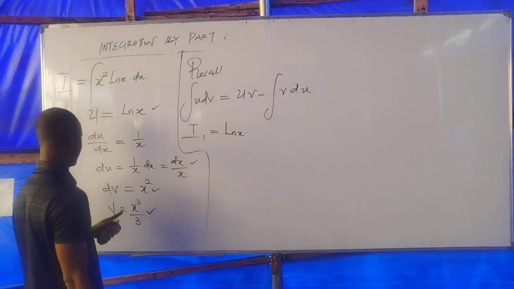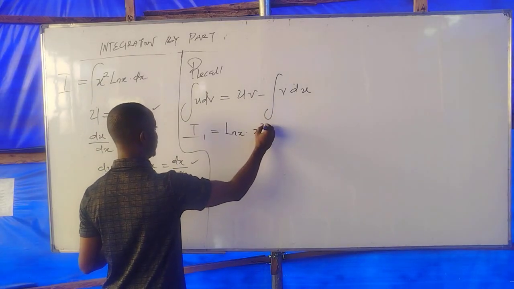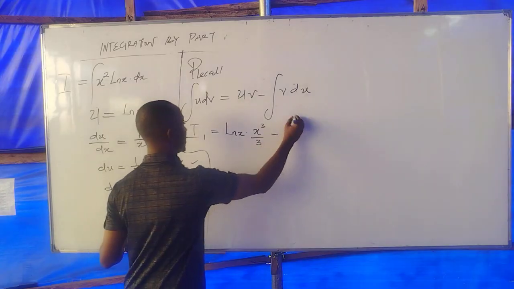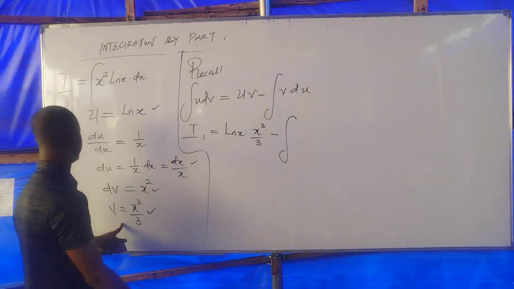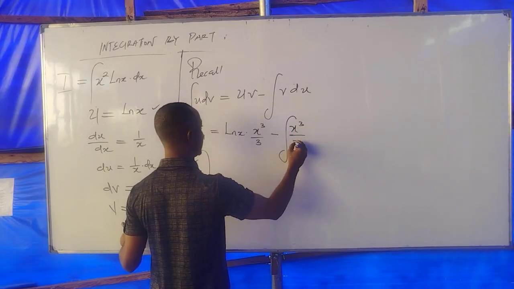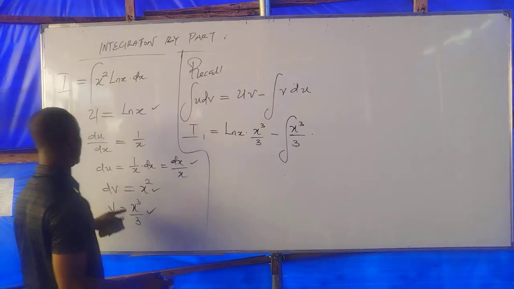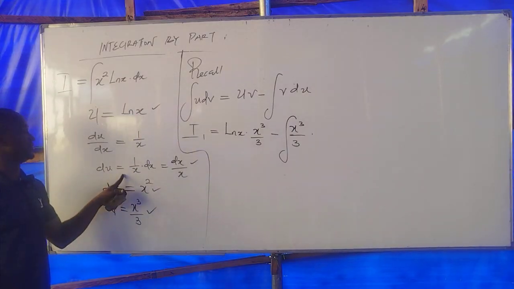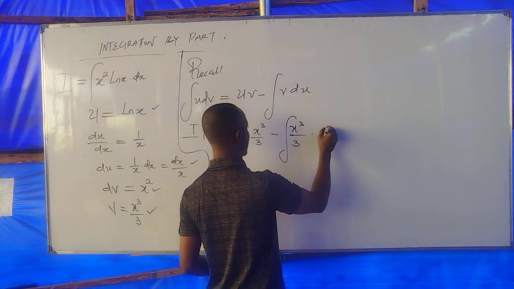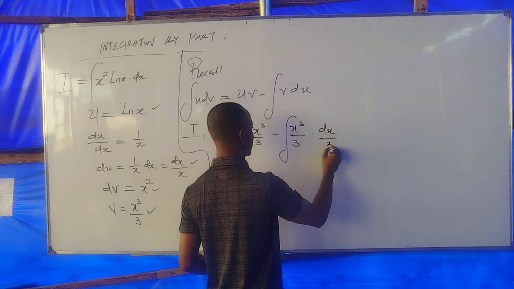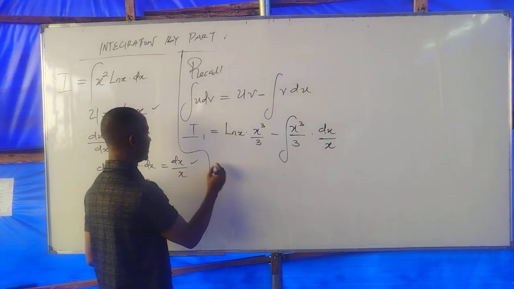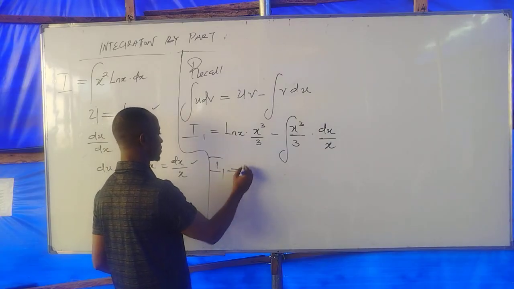What's that v? x cubed over 3. Minus the integral of v, which is x cubed over 3, times du, which is dx over x. So this is the same as our I1 equals ln x times x cubed over 3 minus the integral of x cubed over 3 times dx over x.